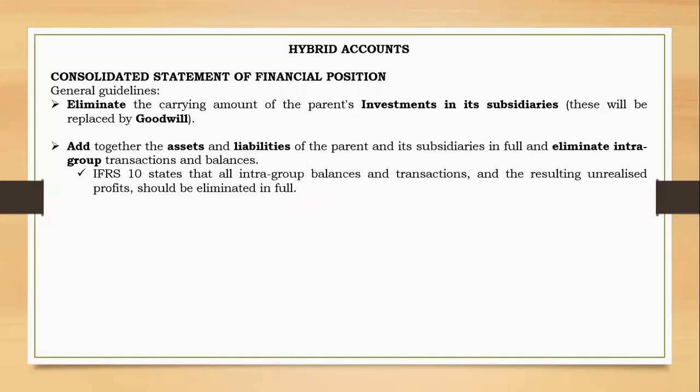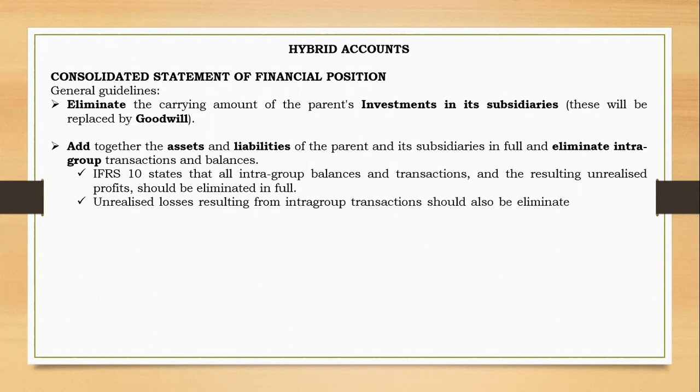Right? Also unrealized losses: of course, this isn't common, but in case you have unrealized losses, you also have to eliminate them unless cost can be recovered. In that case, you can stop eliminating them.